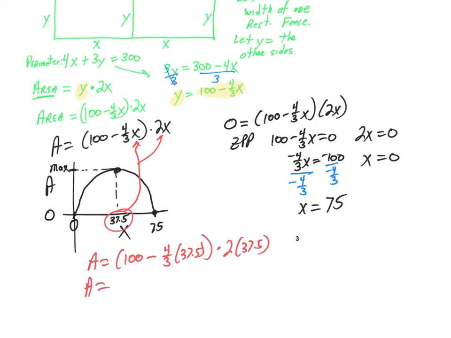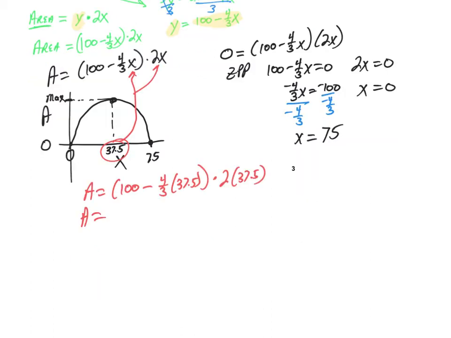This area happens to be 3,750 feet squared. Now we found the maximum area. You didn't need to do that, but I was just kind of curious. I mean, that's kind of what we're trying to do.